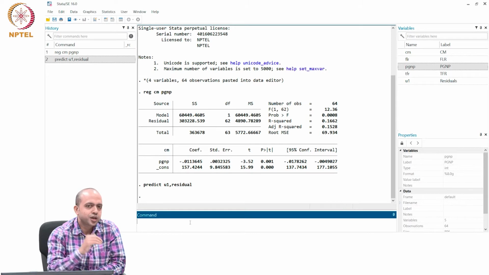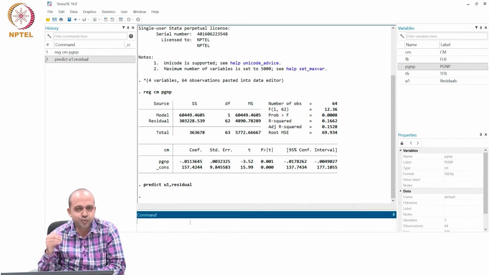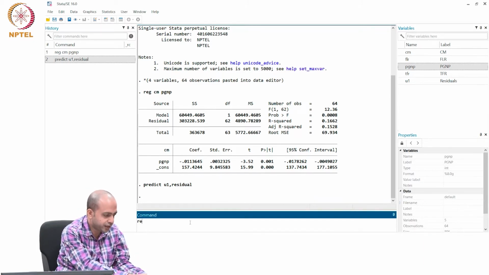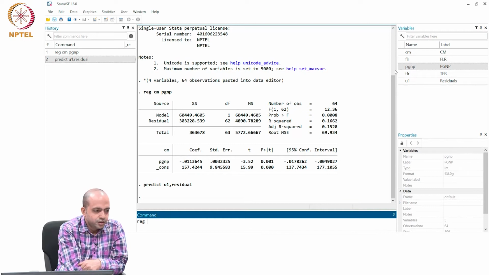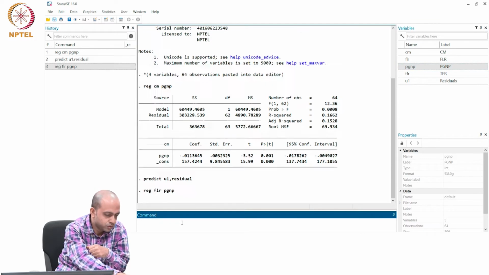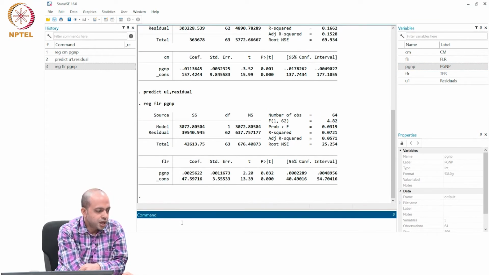Now, what is the next step? In the next step, we need to remove the impact of Pgnp on FLR. So, again reg, we need to run FLR, regress FLR on Pgnp. And the impact is positive, that means as per capita income GNP increases, FLR, female literacy rate, also increases.